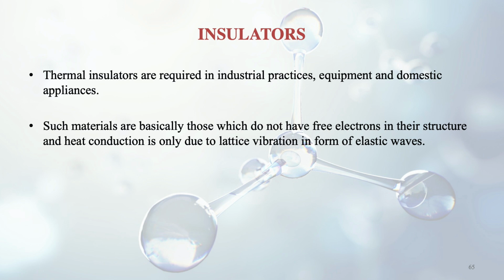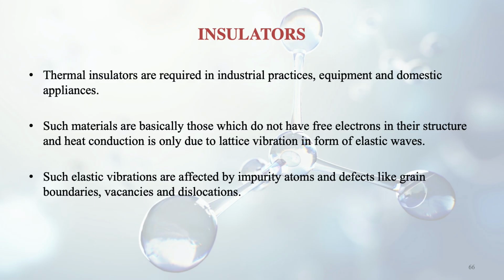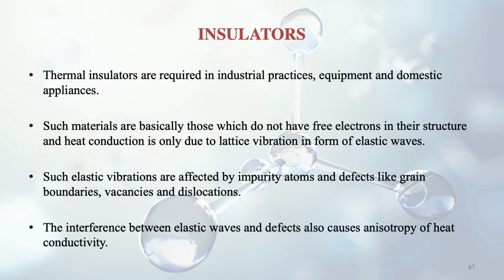They don't have free electrons in their structure, and heat conduction is only due to the lattice vibration in the form of elastic waves. Such elastic vibrations are affected by impurity atoms and defects like grain boundaries, vacancies and dislocations. So that's why they are not so good thermal conductors.